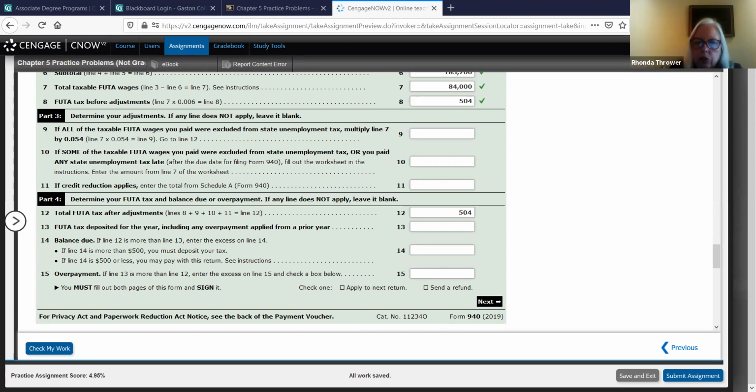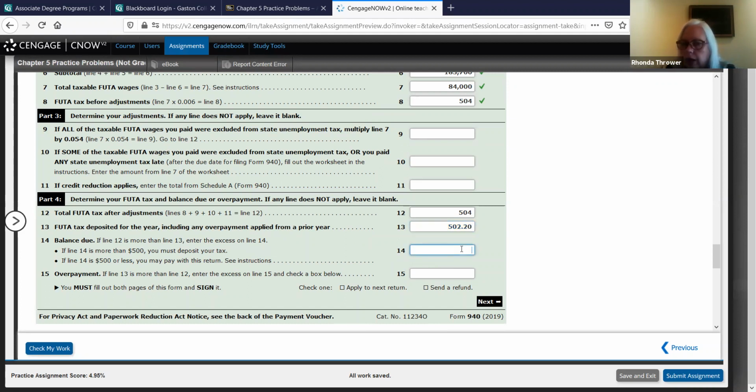So I'm going to go back to Cengage. And I'm going to put the amount we've deposited so far, which is $502.20. The balance due says if line 12 is more than line 13, enter the excess on line 14.